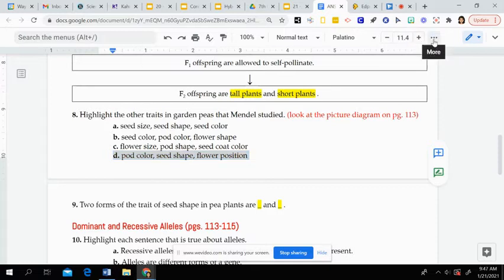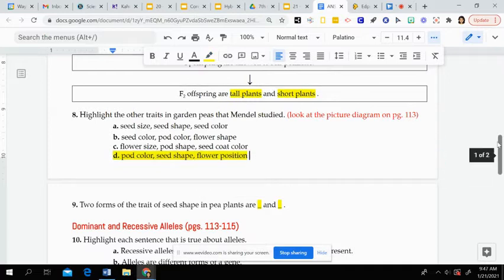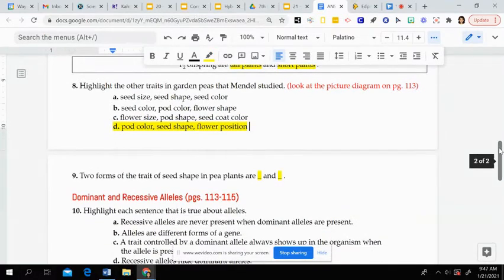Okay. So we're going to highlight that as our correct answer. Then the two forms of the trait for seed shape in pea plants were round and wrinkled.